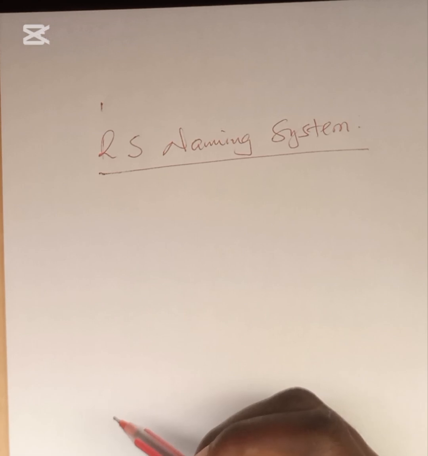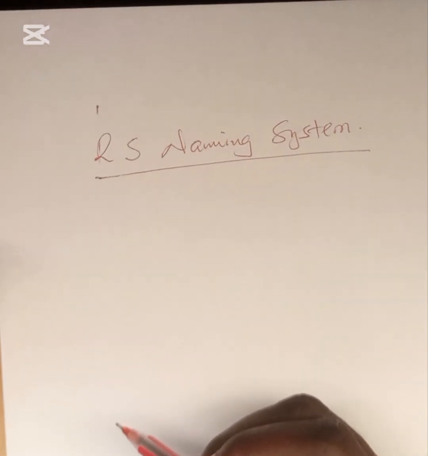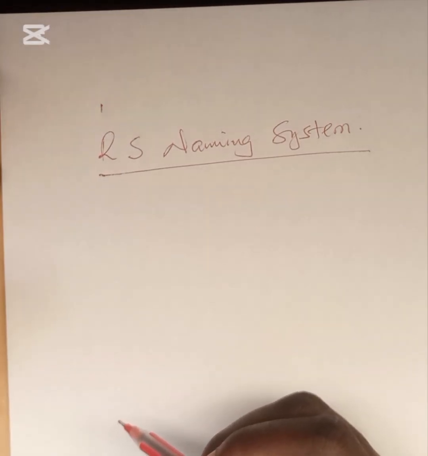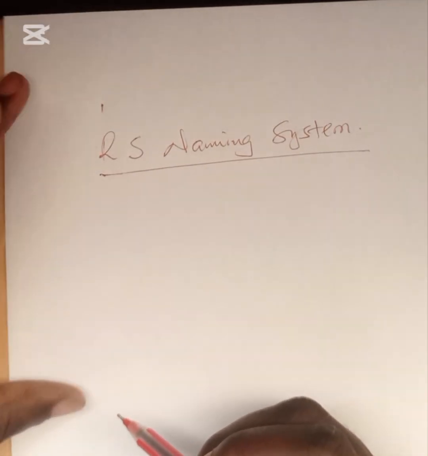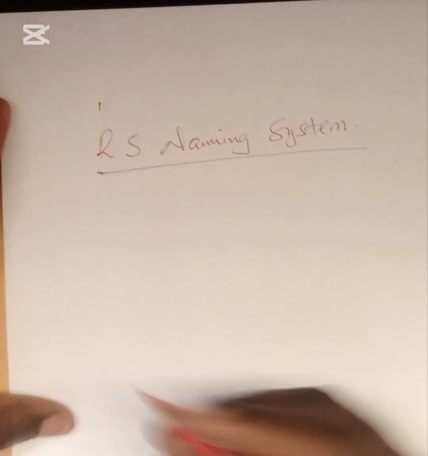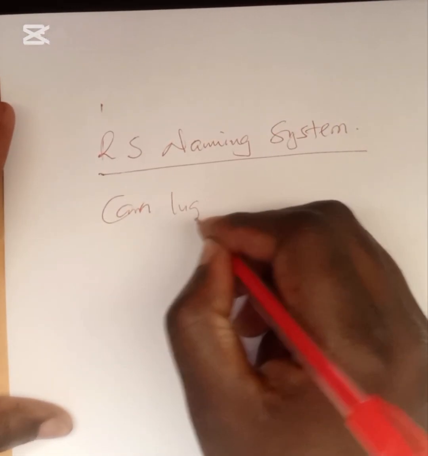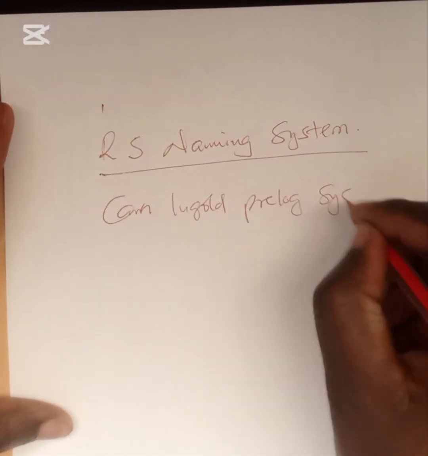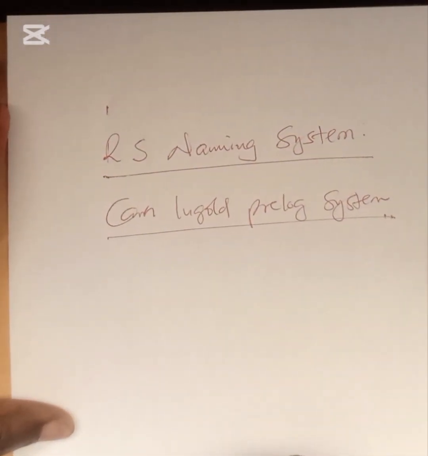I decided to summarize these rules so that it will help you to follow and understand the concepts being presented to you. So number one, what we need to know is that when naming stereochemical compounds, we use what we call the Cahn-Ingold-Prelog system. This is a system that we use to name stereochemical compounds.